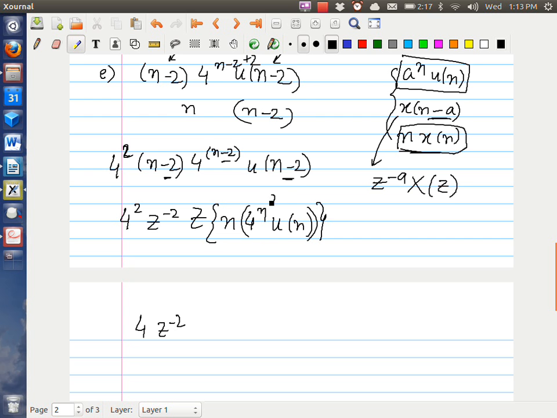I mean, if you call this x of n, you have something of the form n times x of n. And this is okay now, because you know what x of z is going to look like. It's in a fairly simplified form now. And for this guy, the z transform is supposed to be negative z, the derivative of the z transform of 4 to the n u of n.